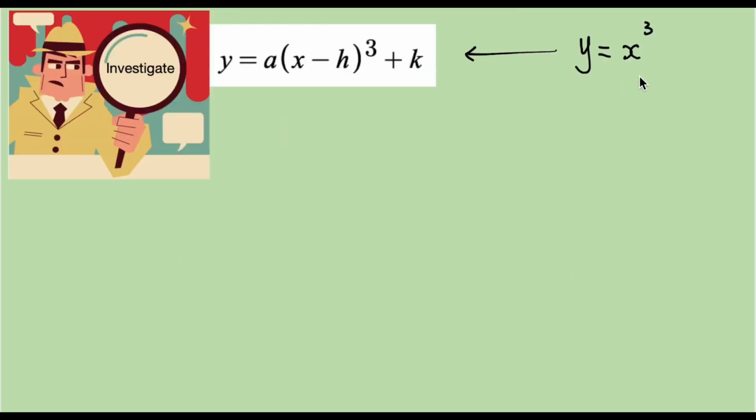After we have obtained the basic graph of y equals x cubed, we are going to see the transformational form, how the values of a, h, and k affect the graph. To make it simpler, we just consider the value of a to be positive, and we are going to investigate.